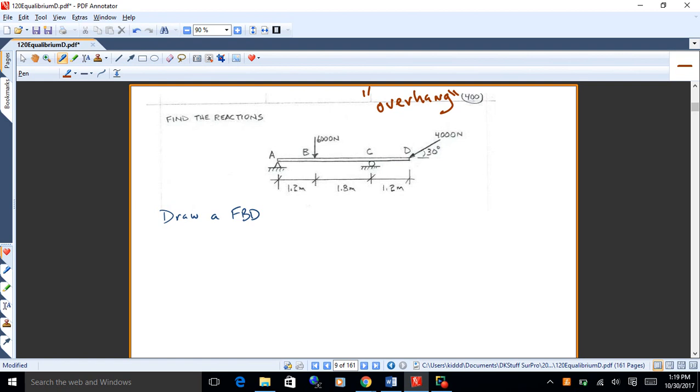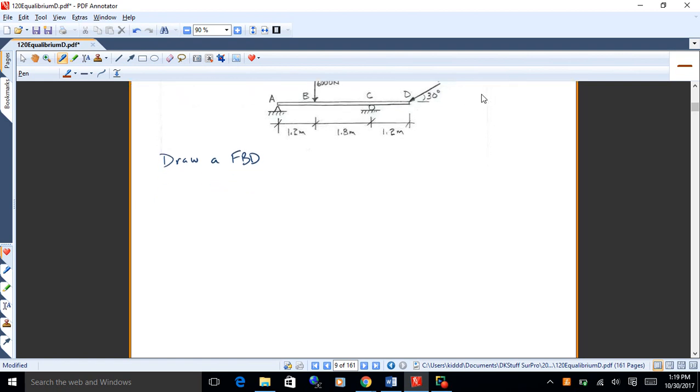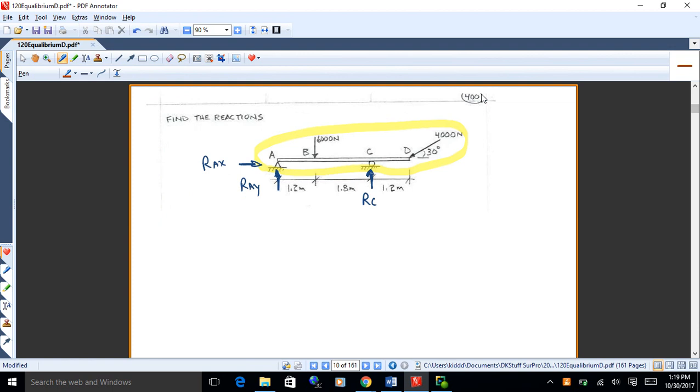So let's step it first. Okay. Helps to draw a boundary around it sometimes.